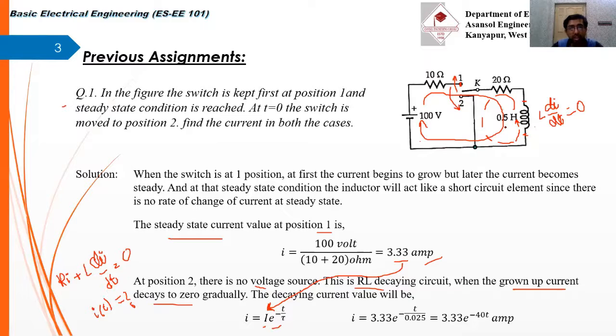So L by R gives you the tau value, which is 0.025. So the decaying I equals to 3.33 into e to the power minus t by 0.025, equals to 3.33 into e to the power minus 40t.